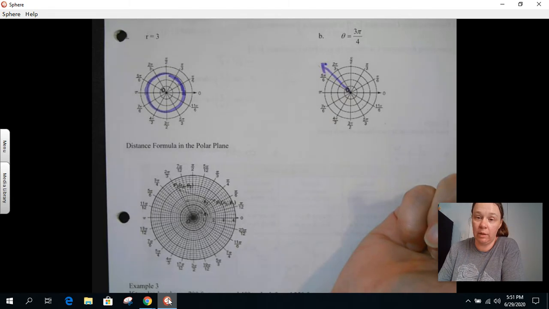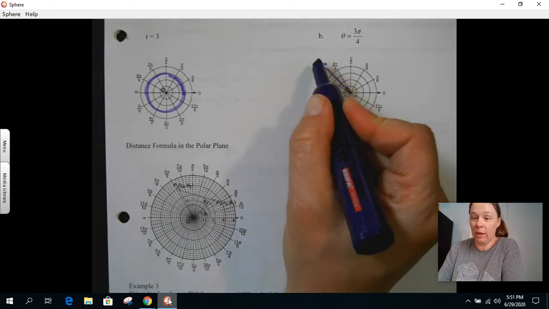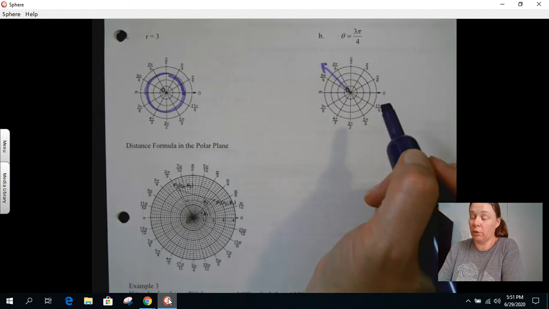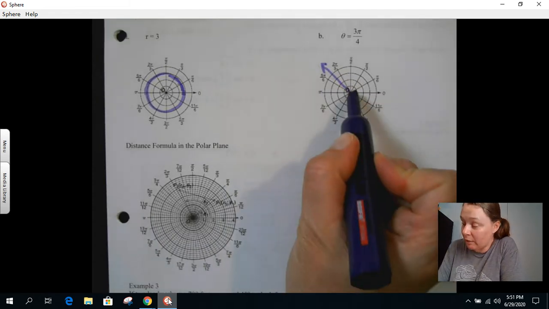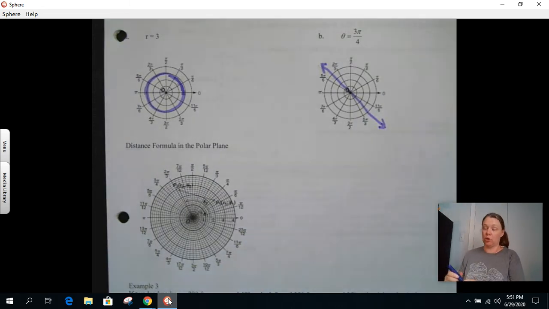It does have to have the arrow on it, but remember, that's only if you had a positive radius. Any point for which the angle is 3 pi over 4, you could also have a negative radius, which would shoot it over here. So just make sure that it's a line through, not just a ray, and it does have arrows on it.